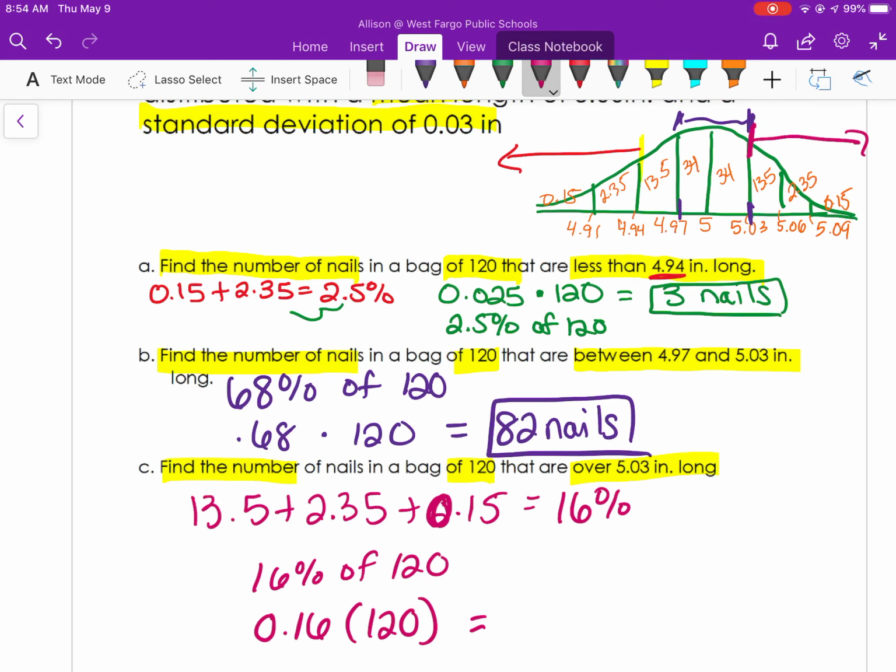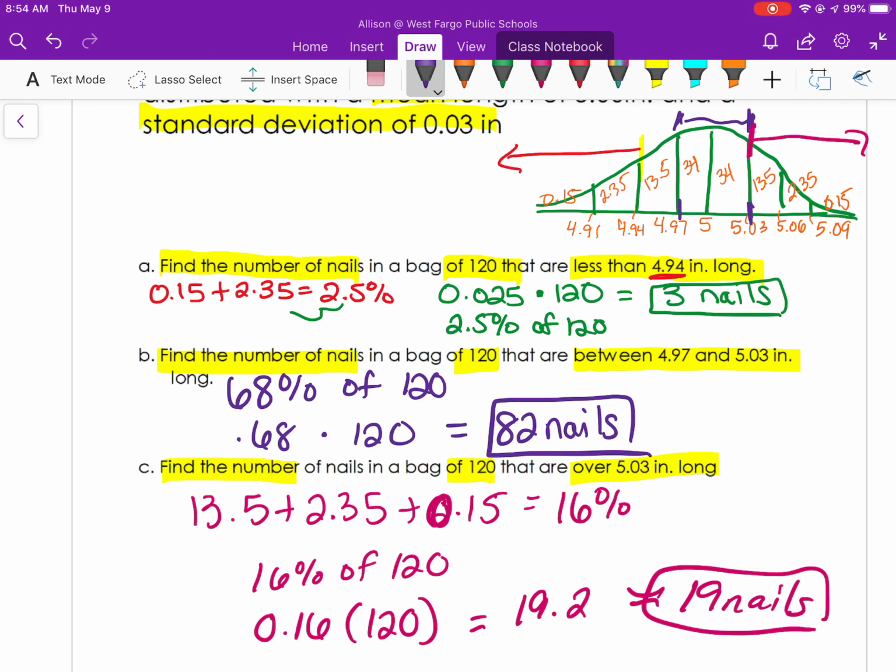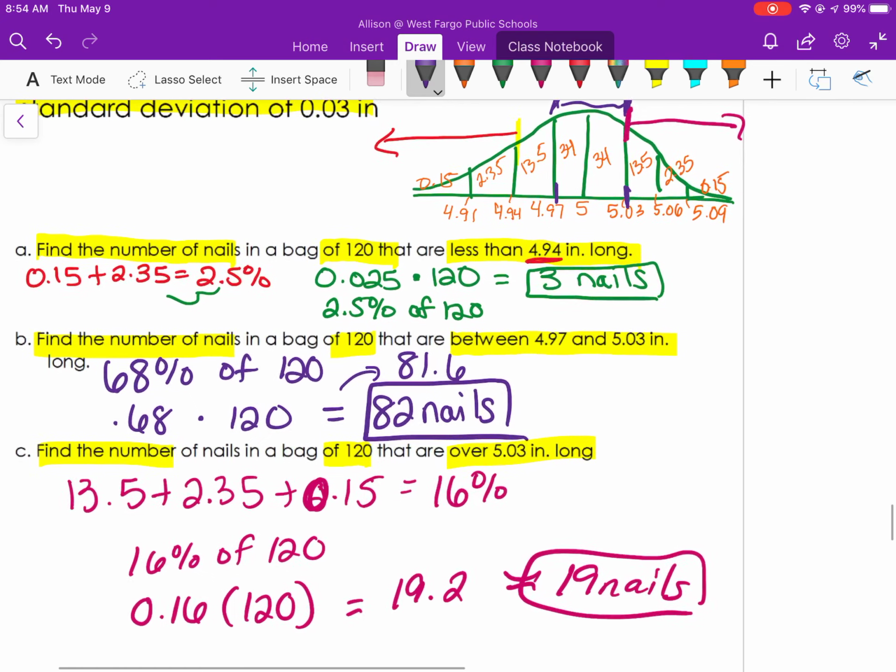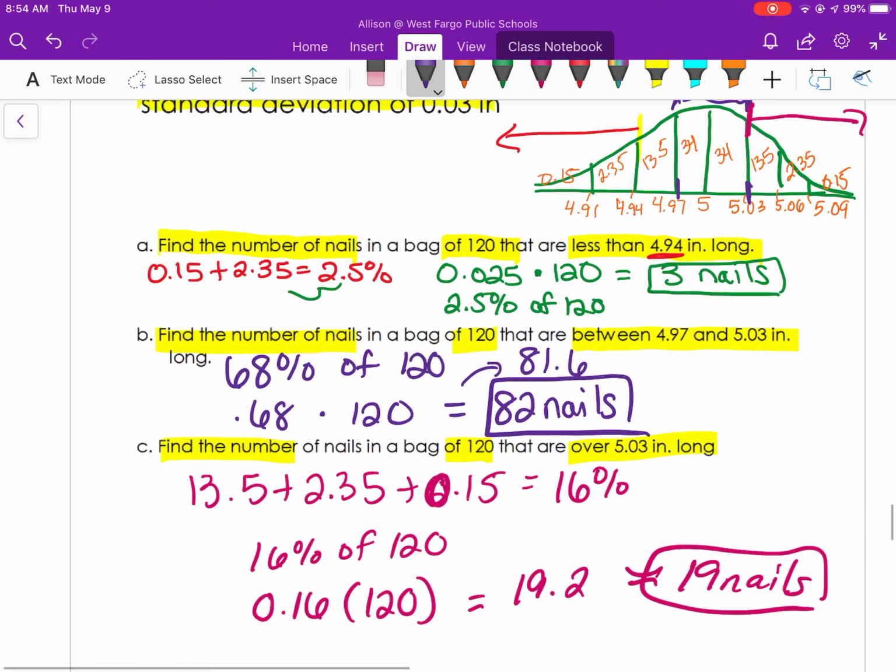And that ends up being like 19.2, which is approximately 19 nails. Actually, I should have mentioned that I did these calculations earlier. So this one was the decimal 81.6, and I rounded it up to approximately 82 nails. And 19.2, I rounded that down to approximately 19 nails over 5.03 inches long.